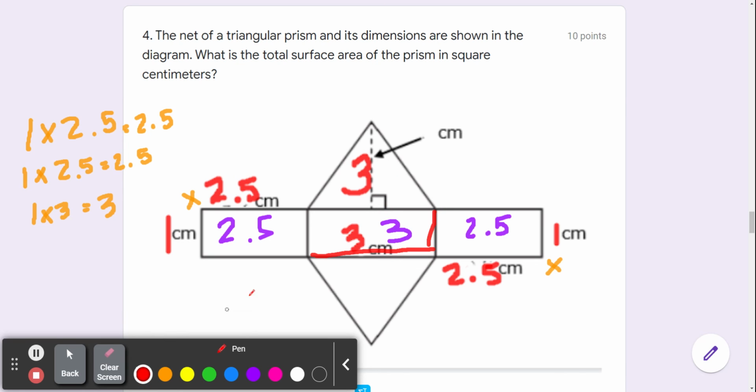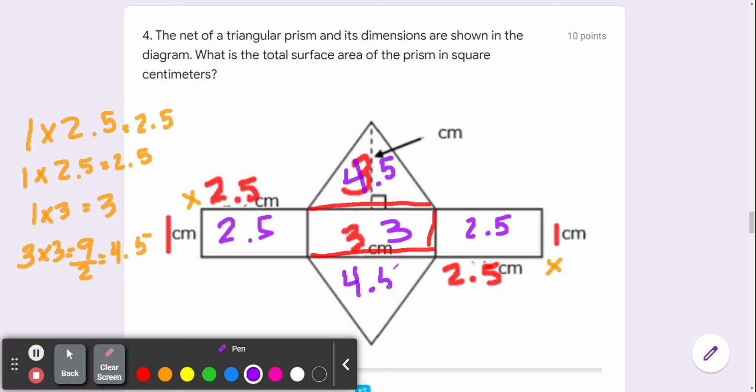This triangle has a base of 3 and a height of 3. So I'm going to do 3 times 3 divided by 2. 3 times 3 is 9, and divided by 2, that's 4.5. So this triangle here is 4.5. And then that would be this one down here as well, because this is the same triangle.